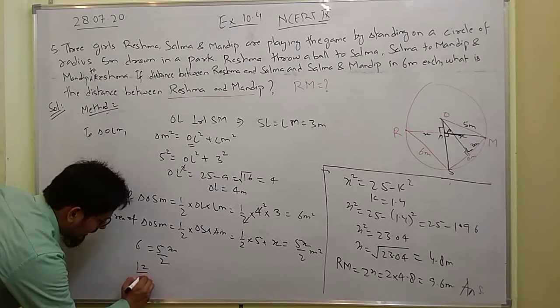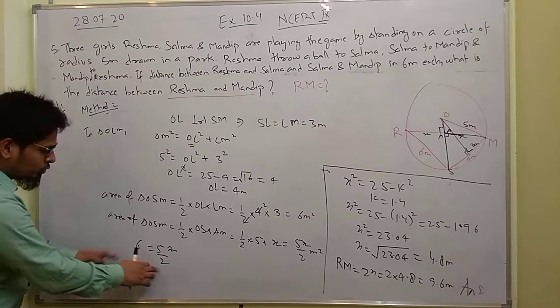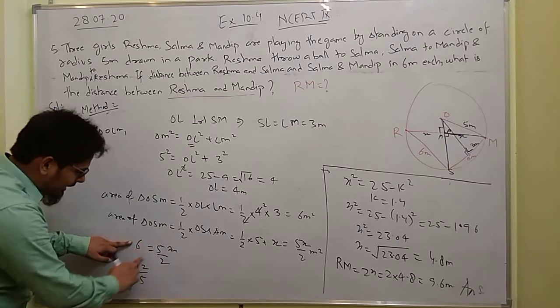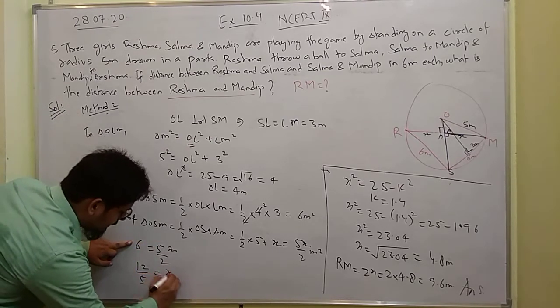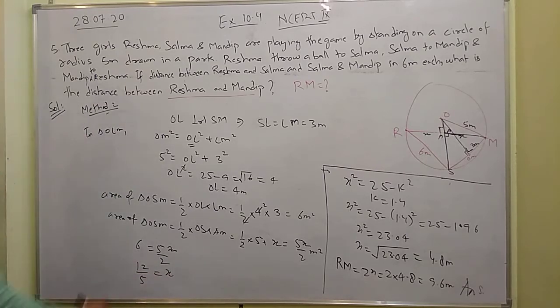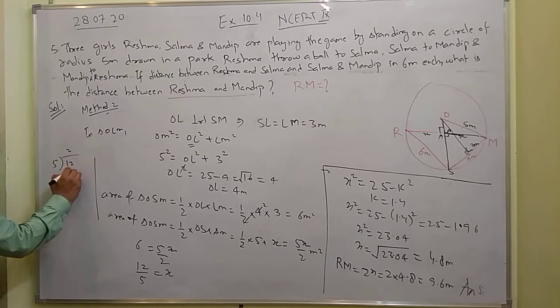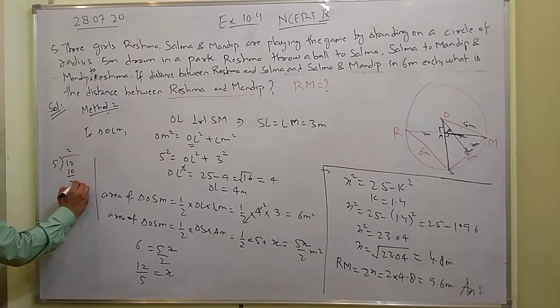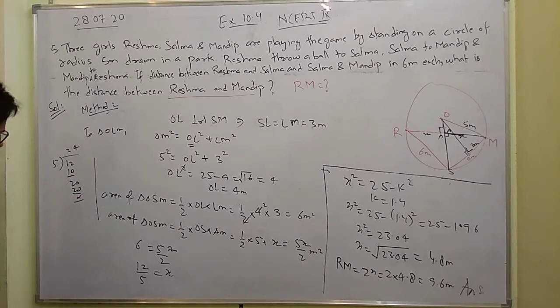It is 12 by 5. 2 sixes are 12, cross multiply, and 5 comes in the denominator. It is equal to x. Clear? So on dividing, what will you get? 5 divided by 12. 5 twos are 10. 2 comes here, 0, and 5 fours are 20.